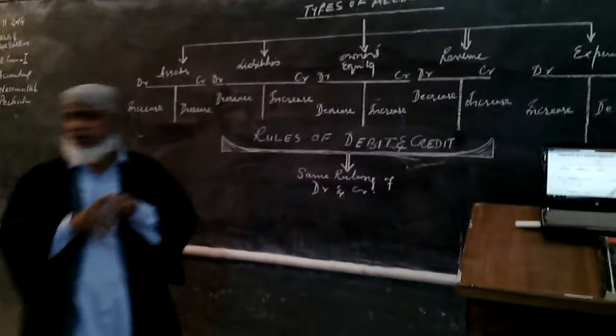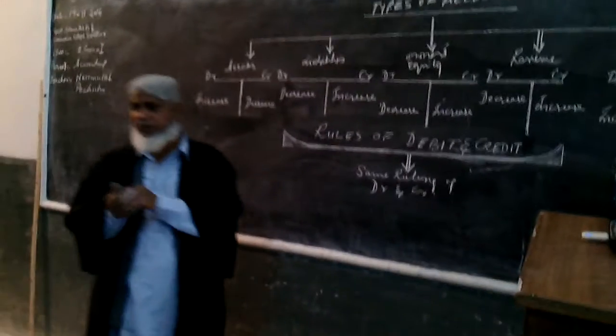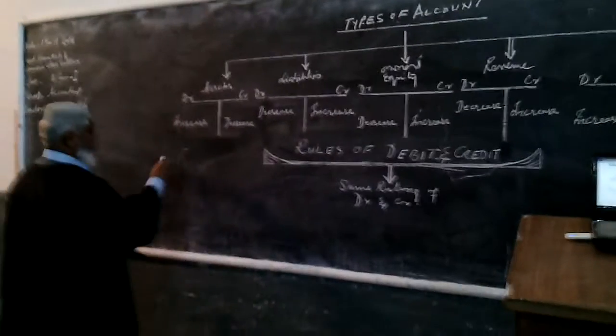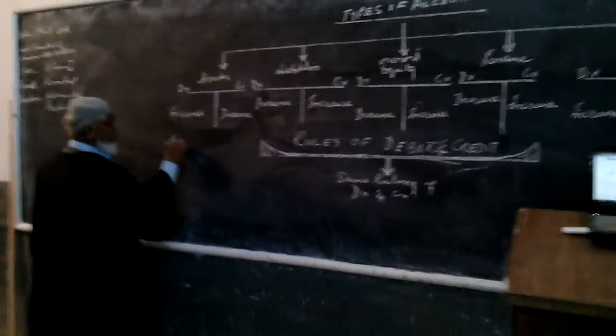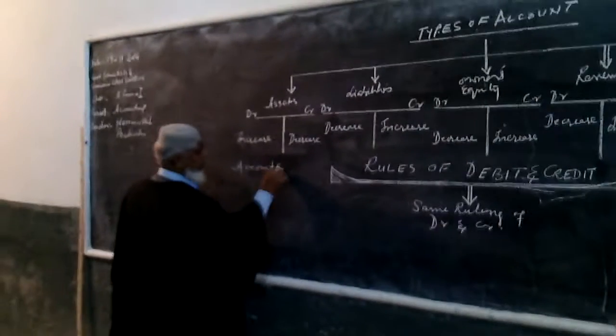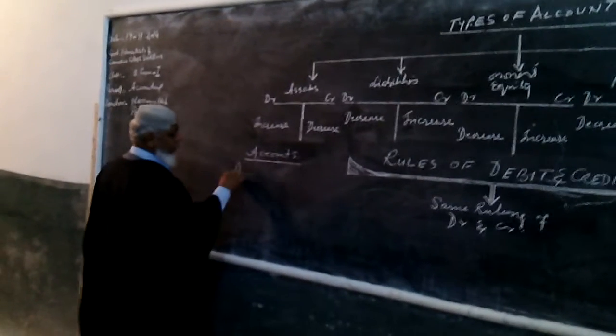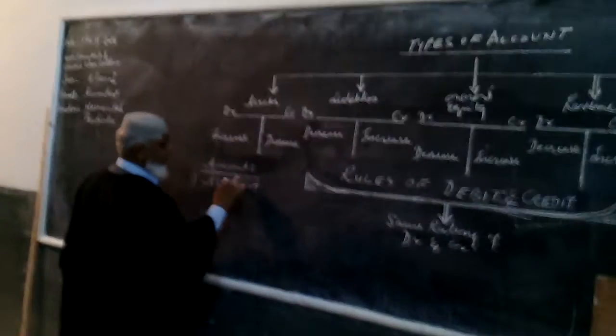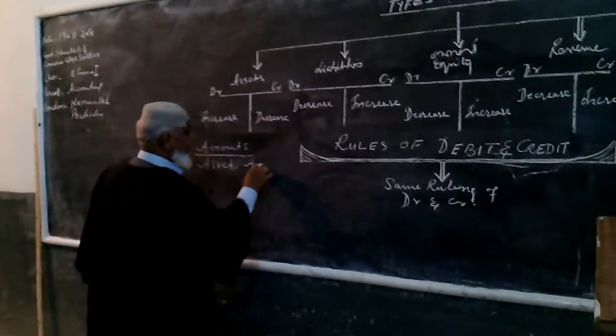Throughout the world, in accountancy, we have only five accounts. First, the asset account.